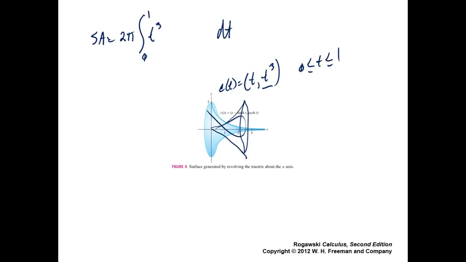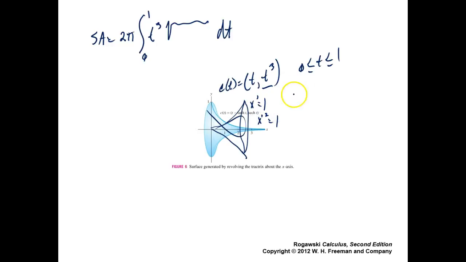Okay? So there is the circumference part, and then the interval part is your square root. And what goes under that square root? Okay, we've got to figure out what x prime is. X prime is 1. So x prime squared is 1.